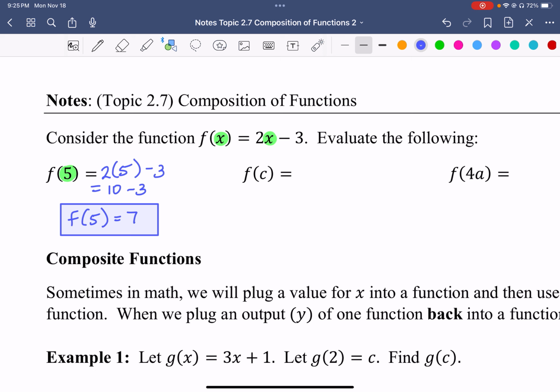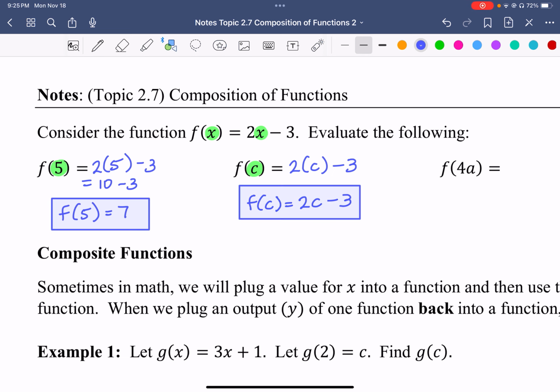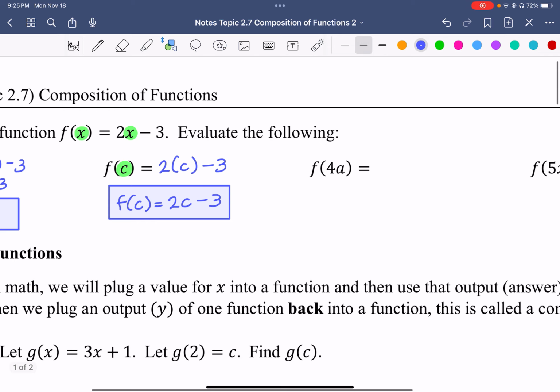Okay. Next, we're going to do the same thing with c instead. So 2 times c minus 3. So f of c, and 2 times c is just 2c minus 3. Those are not like terms, so I cannot simplify it any more than that. So that is the answer for f of c. Next, we have f of 4a.